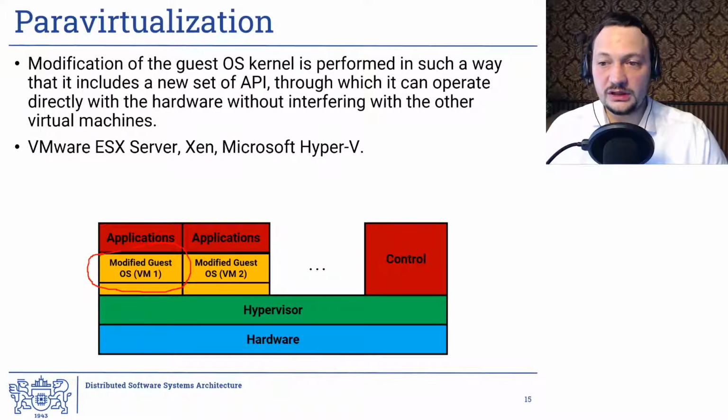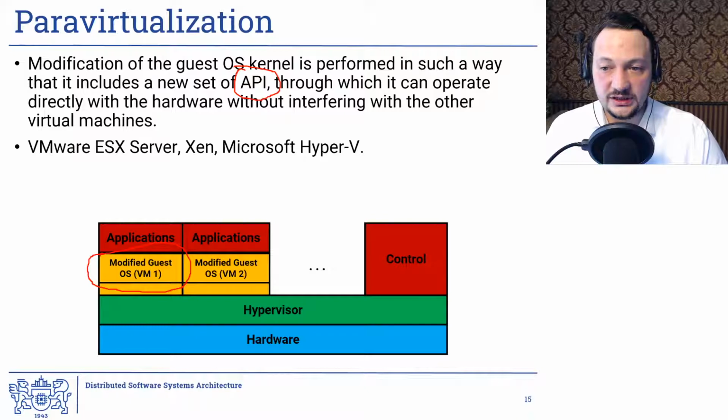So if we use Paravirtualization, we cannot install operating systems that do not know they can be launched in a virtual machine. The operating system should know that it works inside the virtual machine, and it should provide a specific API for the hypervisor through which it can operate directly with the hardware without interfering with the other virtual machines.